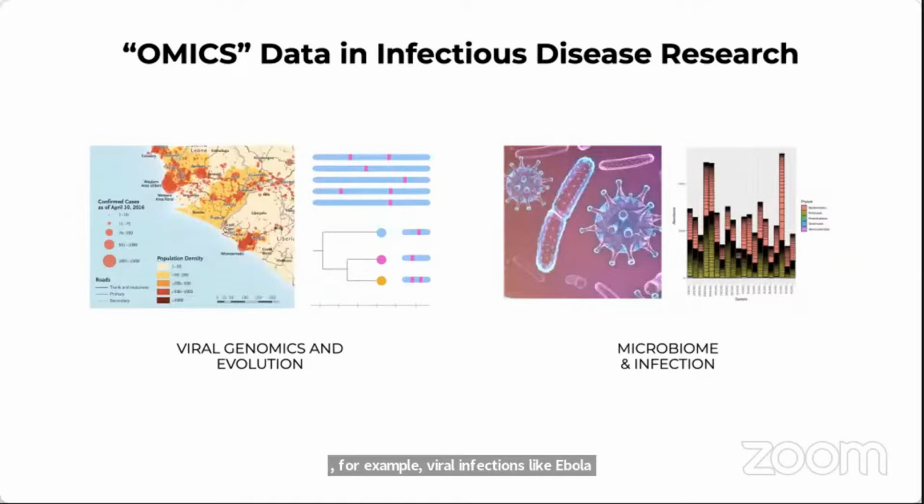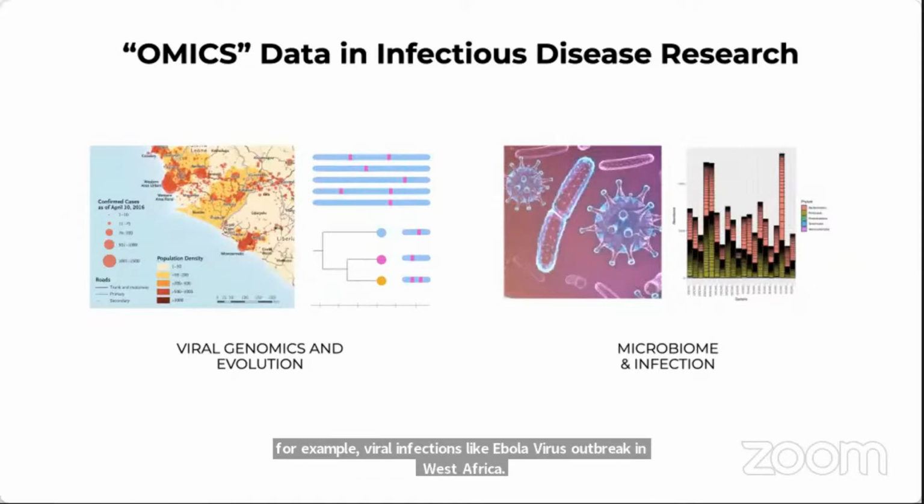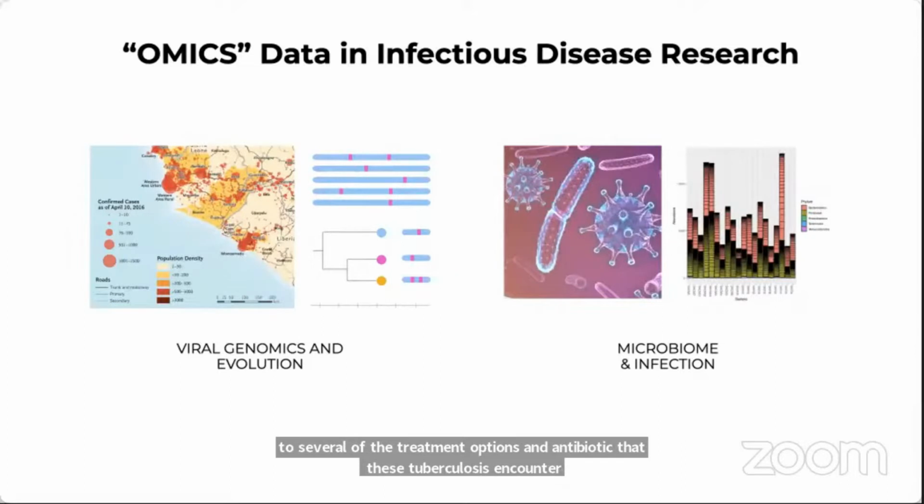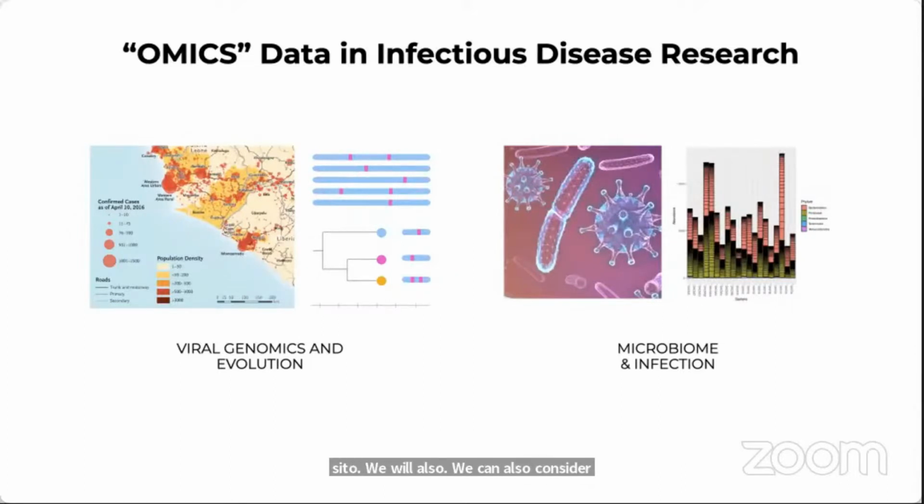We will also take examples from the COVID-19 pandemic, as well as microbial pathogens causing, for example, tuberculosis, and development of resistance to several of the treatment options and antibiotics that tuberculosis encounters. We can also consider cancer and its responses to the different therapeutic options that we have. And in the end, we will also have options to work with the single-cell parasite that causes malaria.